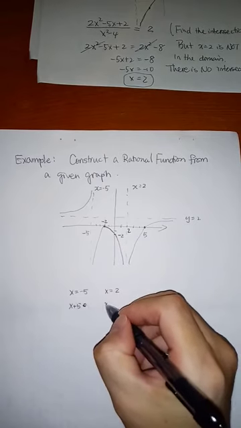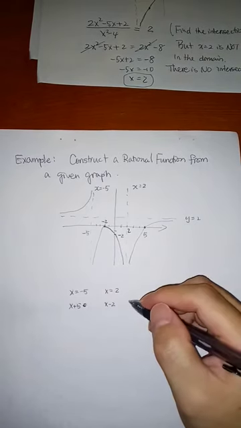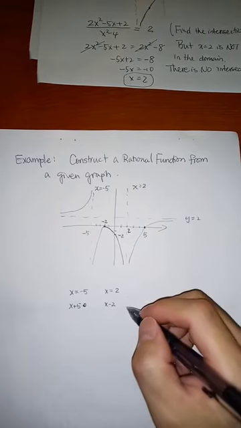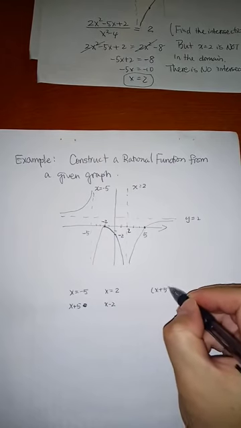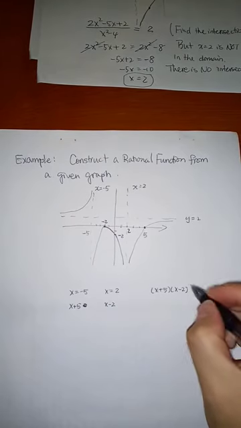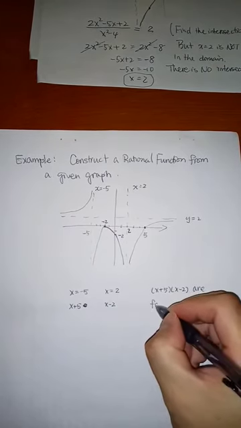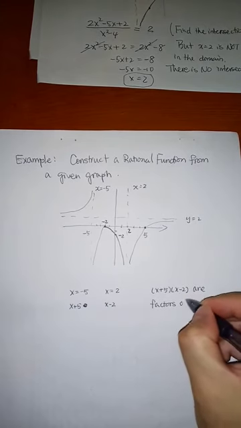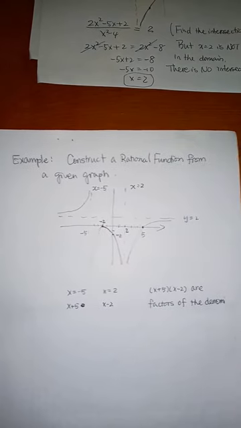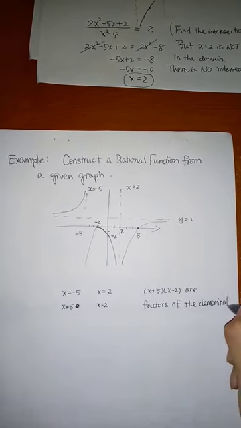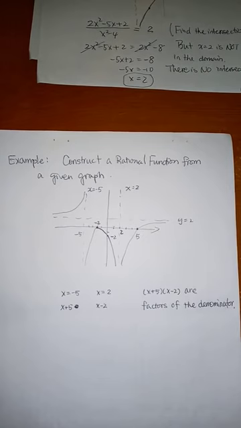You move 2 to the other side, you have x minus 2. So it means x plus 5, x minus 2 are factors of the denominator.